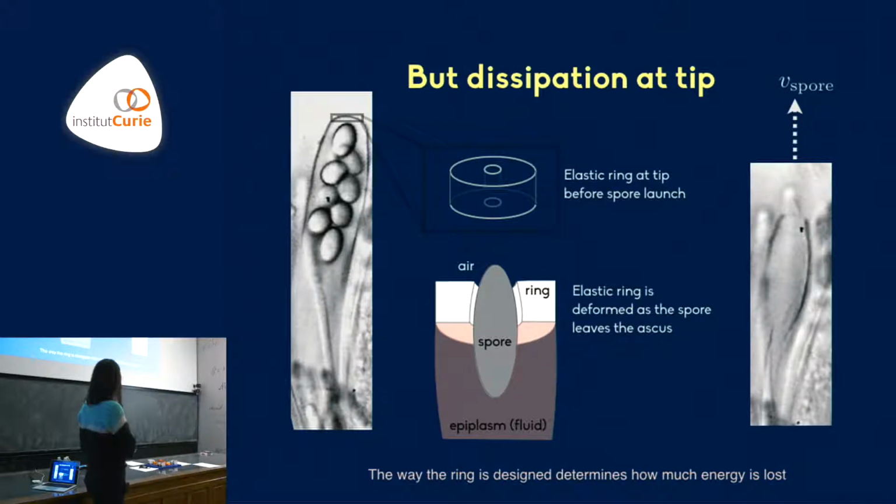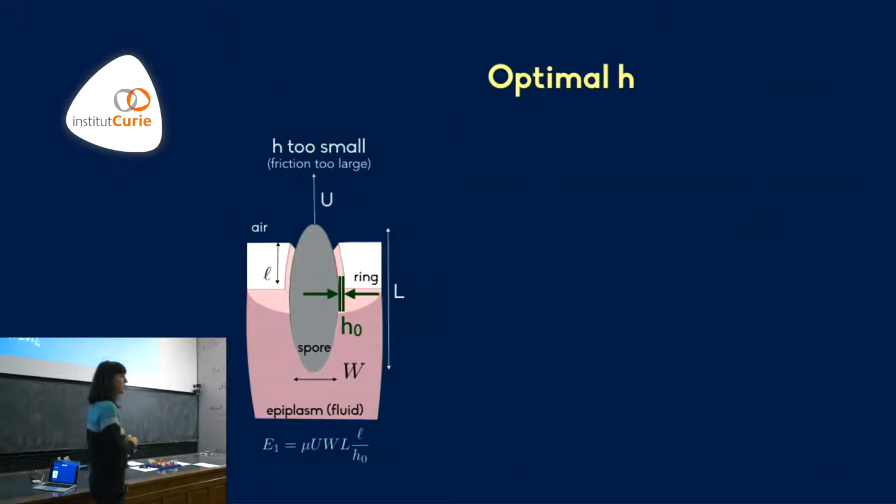So let's look at how dissipation happens in the system. The point of this slide is to convince you that there is a way to minimize dissipation. The reason is, look at how the spore is coming out of the ring. This is the ring, a cross section. This is an elastic material. Here there's fluid. Here is the spore, coming out.